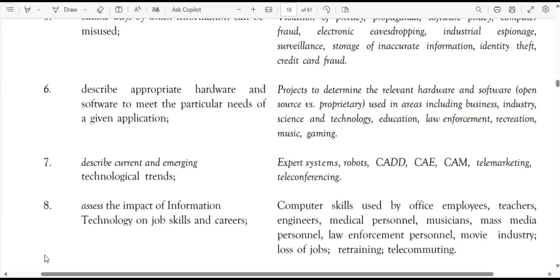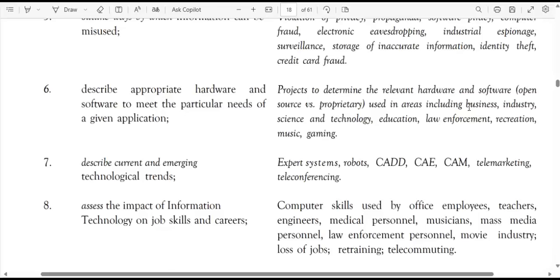Now we are going to look at describing hardware and software to meet the particular needs of, let's start with businesses. The purpose of hardware and software in a business is office work, accounting, presentation, data management.